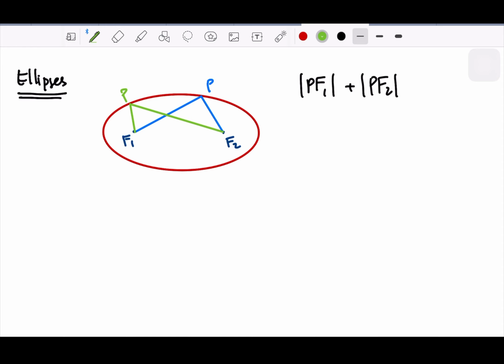Let the sum of distances from a point on the ellipse to the foci be 2a, that is greater than 0.